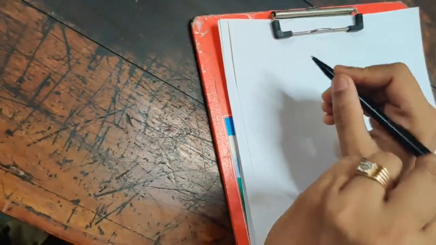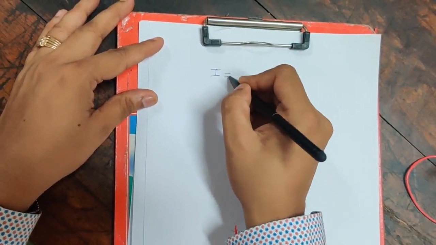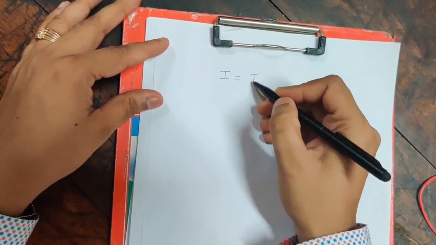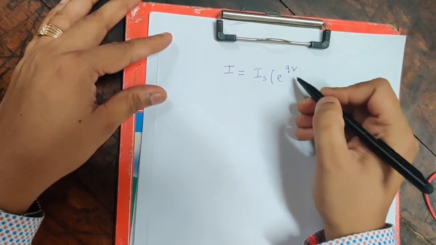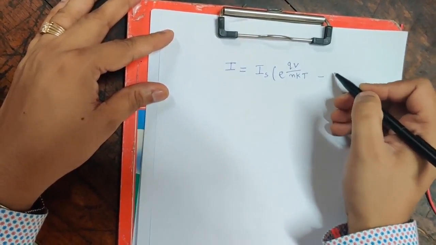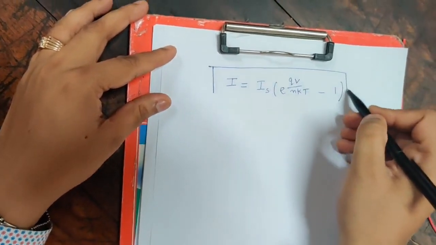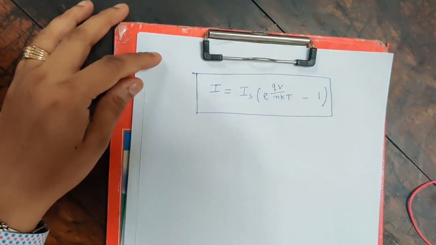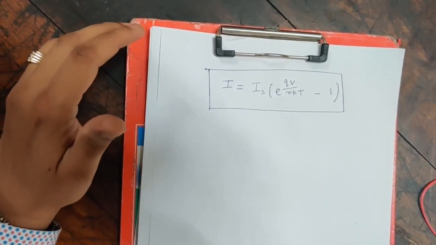For this we will use one important equation which relates current and voltage: I equals Is times e to the power qV by nkT minus 1. This is a very important equation, the formula which we will use to calculate the Boltzmann constant.